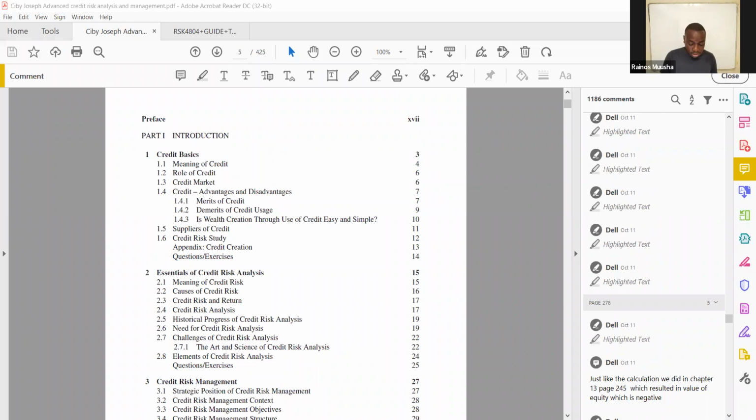So looking at the guideline of things that we need to cover, when you look at credit risk management, you are going to look at it from the perspective of the party who's giving credit.